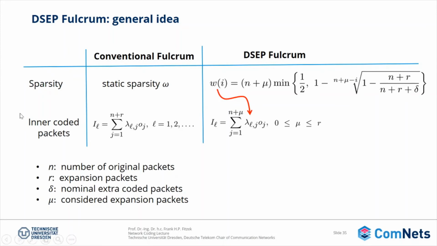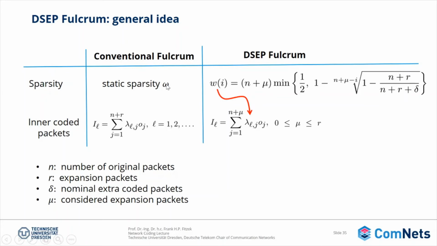This slide compares conventional Fulcrum codes and DSEP Fulcrum in terms of sparsity and the way to generate inner coded packets. For conventional Fulcrum codes, we use static sparsity.